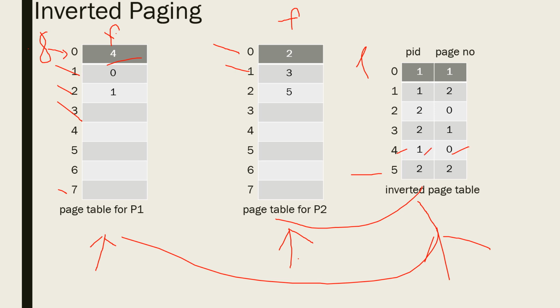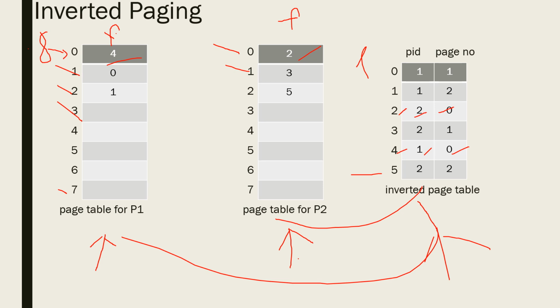So we have the process ID here and the virtual page number here. Similarly, for frame 2, the page is 0 and the process ID is 2.